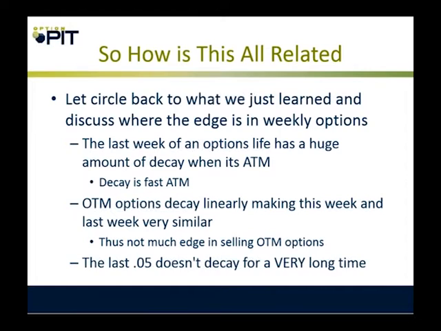Thus, there's not much edge in selling out of the money options. And the last nickel doesn't decay for a very long time. So we're putting together a puzzle now. At the money, things decay fast; out of the money, things decay linearly; and way out of the money, things just don't decay.